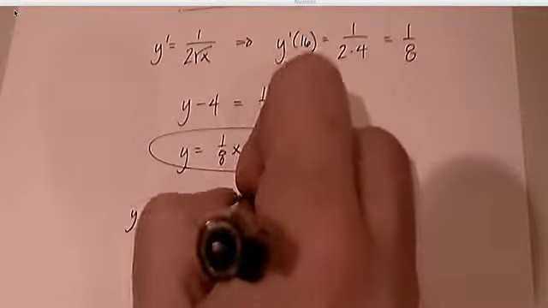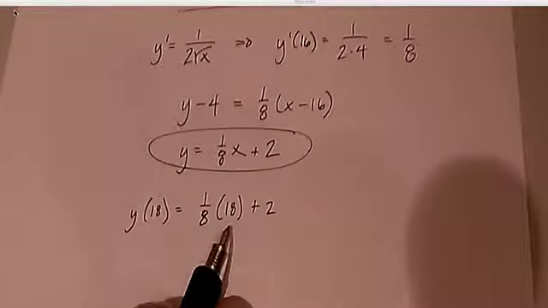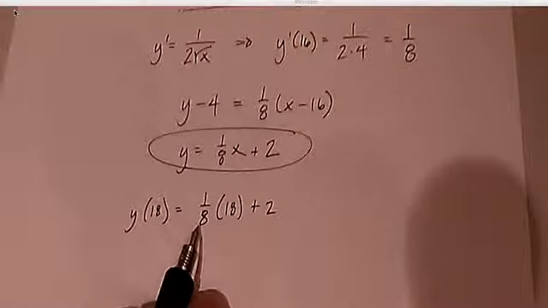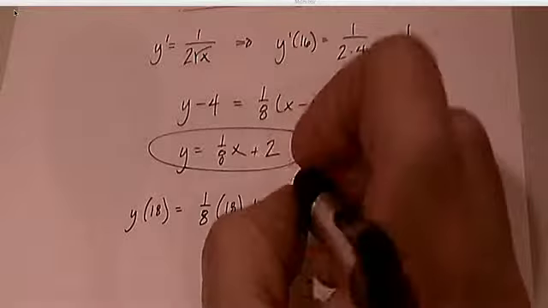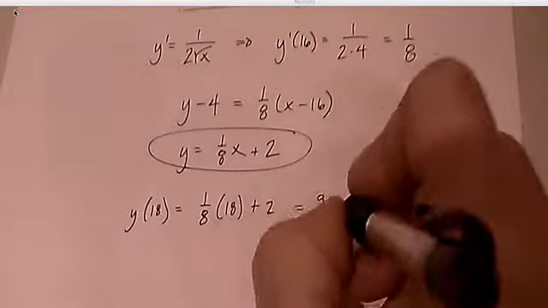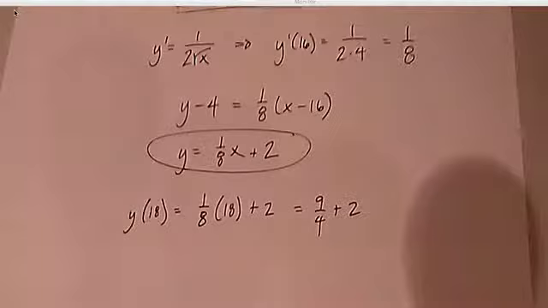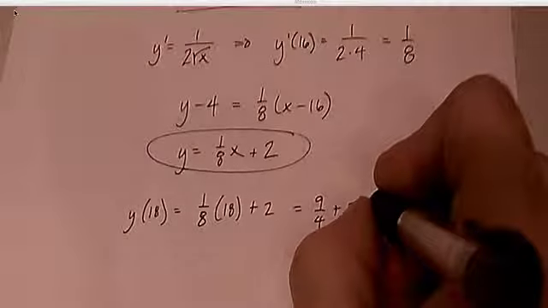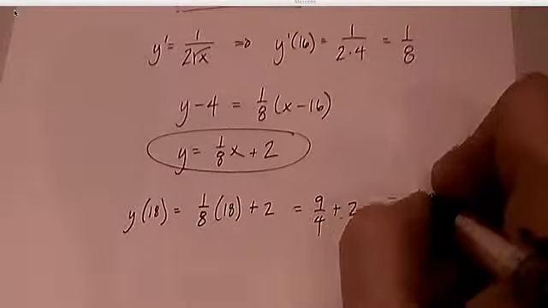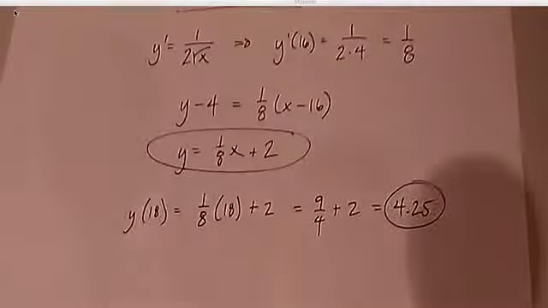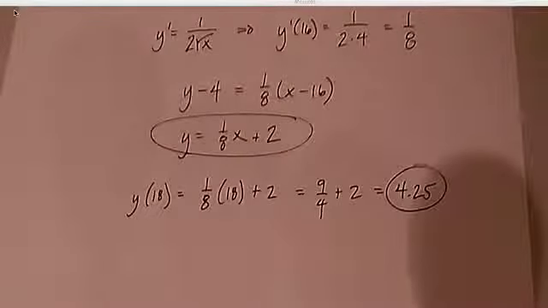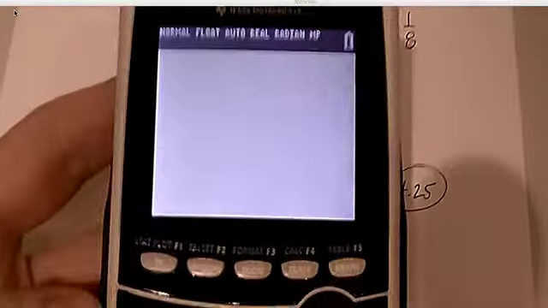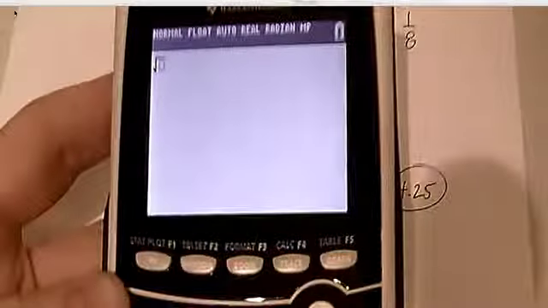If I do that, I'm going to get 18/8, or 9/4, which is 2 1/4, 2.25. So that's 4.25. That is the approximate value that I have arrived at for the square root of 18. Let's see exactly how close that is. Okay, and we'll just do the square root of 18.